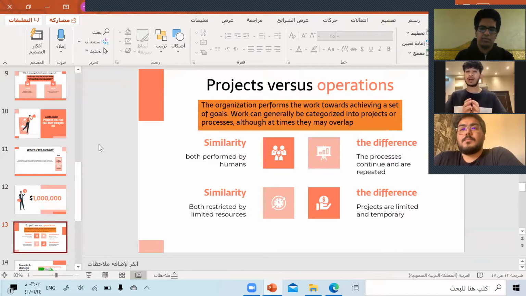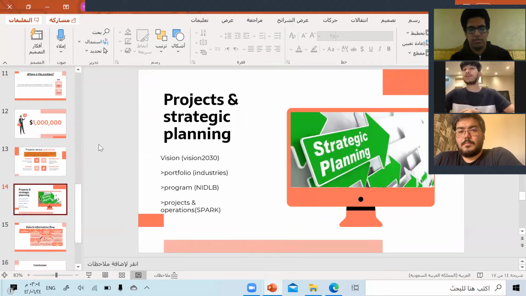This is the similarity between project and operation. And the difference: the process always continues and repeats. But the project is limited and temporary. And also it's unique. The project is unique, not like operation. And let's move to my teammate Yazid.